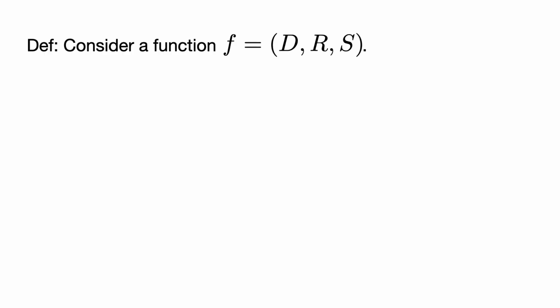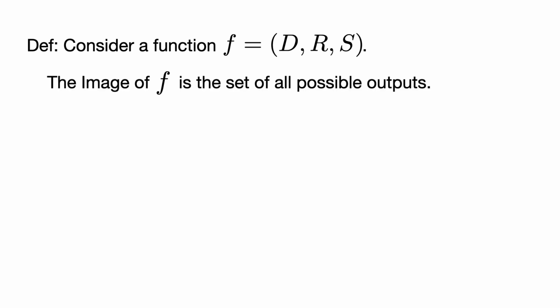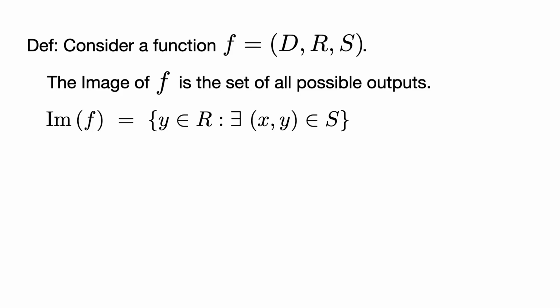Consider a function f with domain D, range R, and pairings S. The image of f is the set of all possible outputs. Rigorously, it's defined as the set of all y in the range such that there exists a pair (x, y) belonging to S. And the image is, of course, a subset of the range.